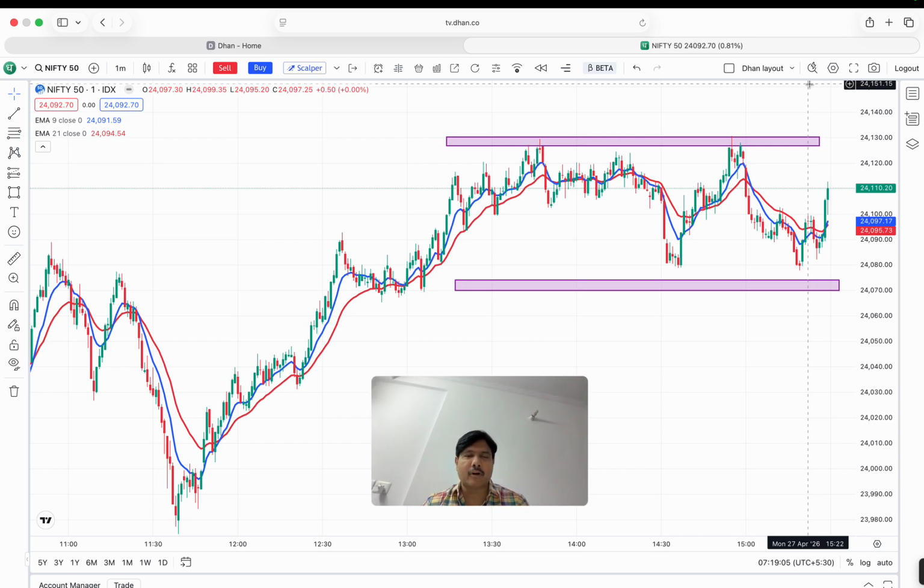At that time, the operators will try to make a big red candle into this resistance line, so that whatever stop losses the buyers have, everybody will be in the trap. So please understand, whenever there is a breakout for about 5 minutes up, don't go immediately to buying. It has to come to retrace your resistance line and it has to go up. Then only you have to apply the trade.